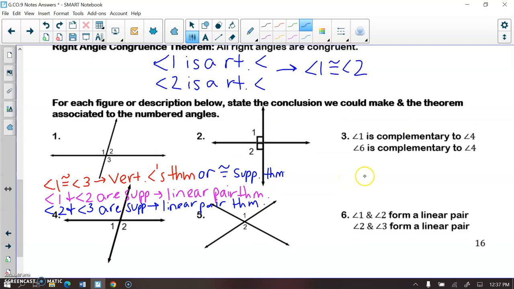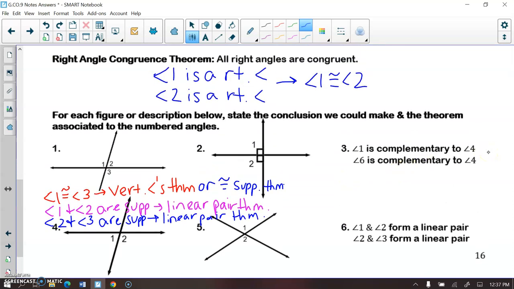So number 2, there's a couple of different things you can say here as well. You can say, since angle 1's a right angle and angle 2's a right angle, angle 1 is congruent to angle 2 by the right angle congruence theorem.